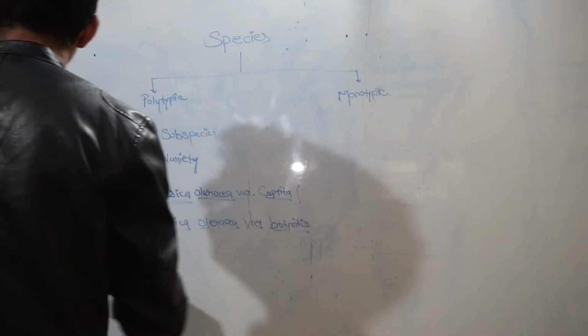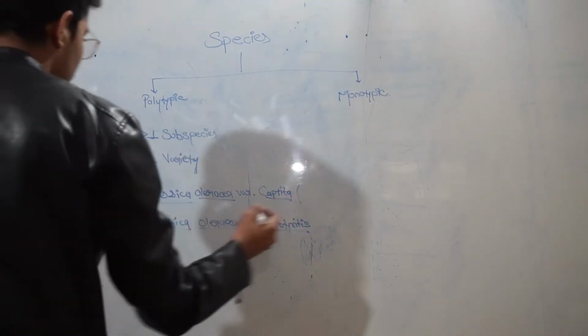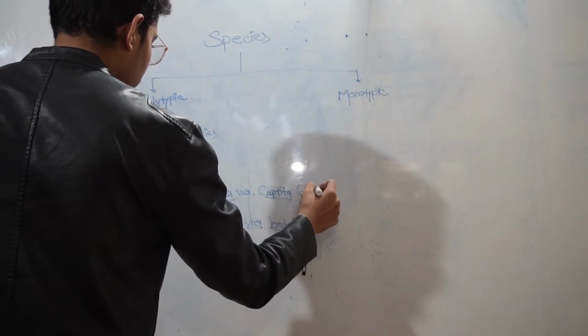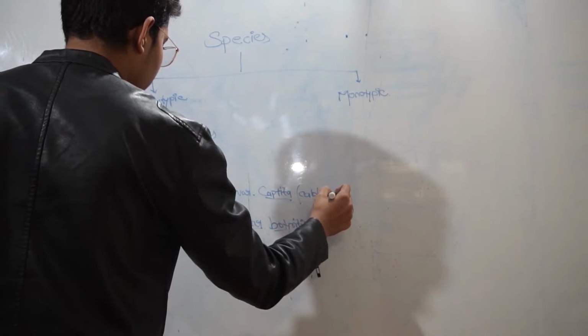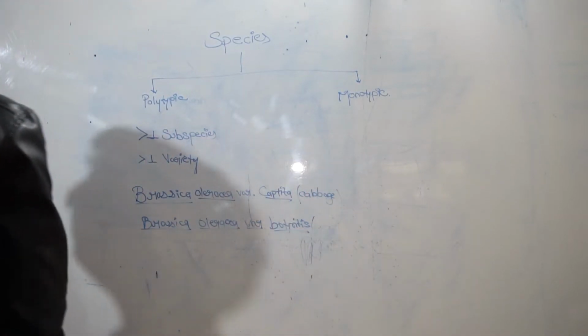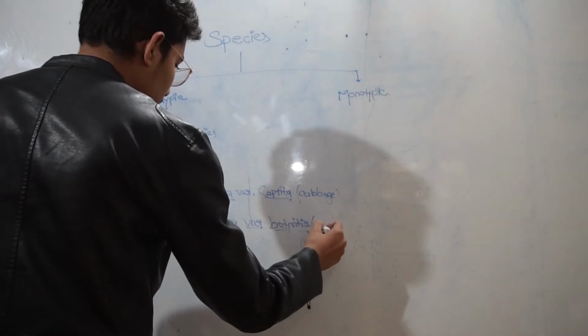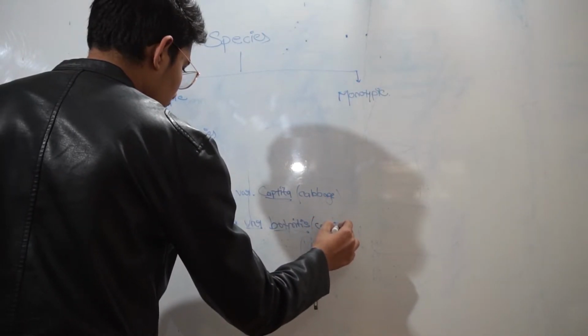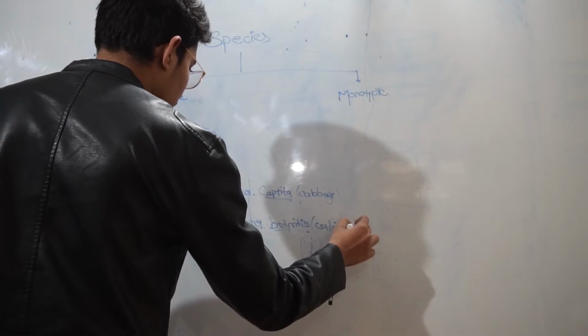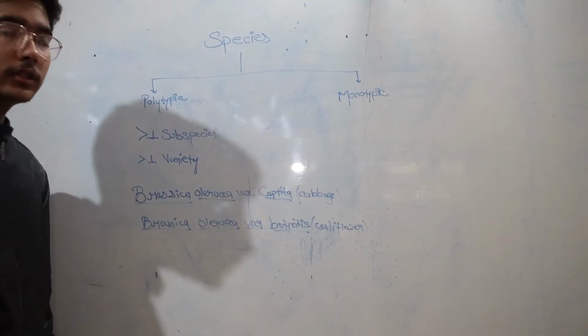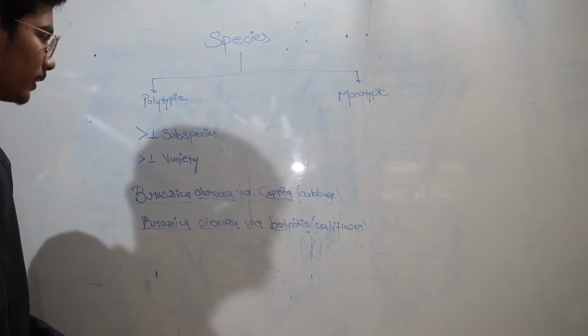Now this one is for cabbage. Yes, this scientific name is for cabbage, and this is the scientific name of cauliflower. This is the name for cauliflower.